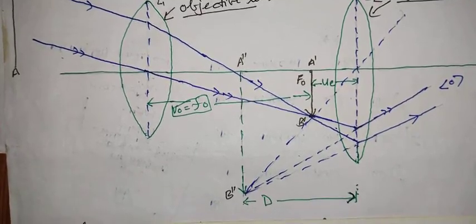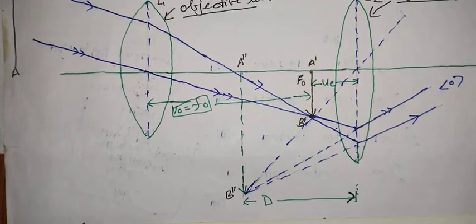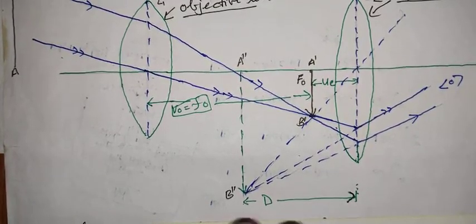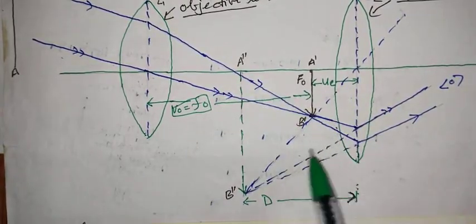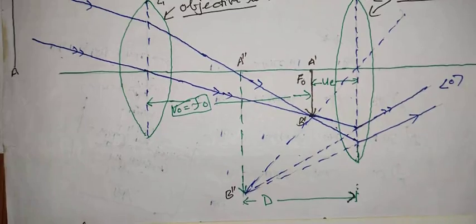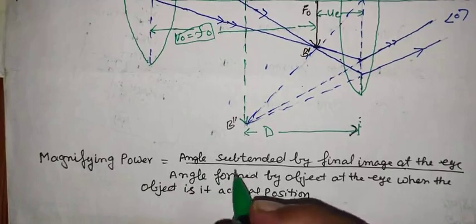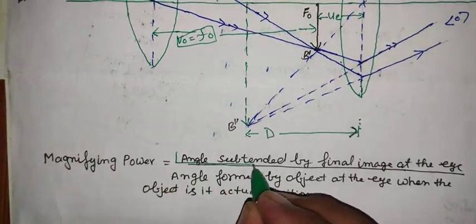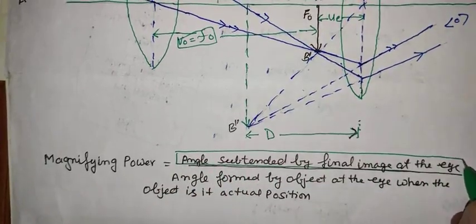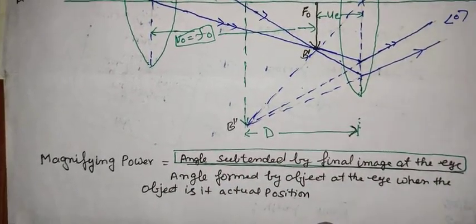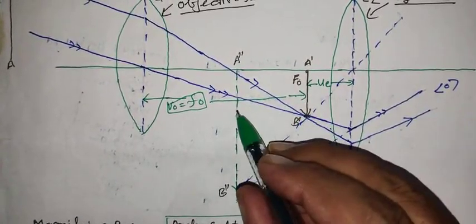Now we will see the formula for magnification: how much larger the image is formed, in comparison to the first lens. See carefully. Magnifying power is defined as the angle subtended by the final image at the eye divided by the angle subtended at the eye by the object. The final image is this.